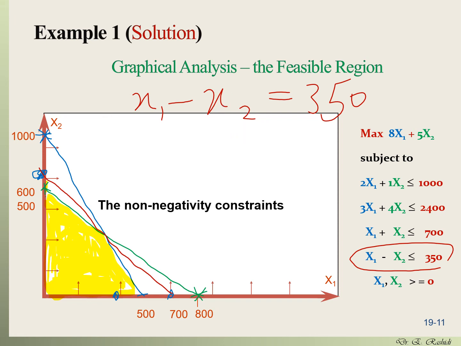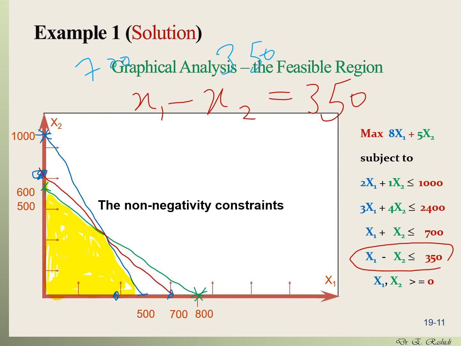Let's find another point. This is a little bit tricky here. I cannot set x1 equal to 0 because x2 would be negative 350. So we have to find another point. For example, I set x1 equal to 700, then x2 would be 700 minus something, it should be 350. So x2 would be 350.